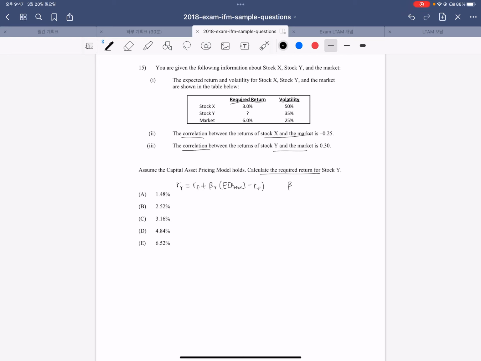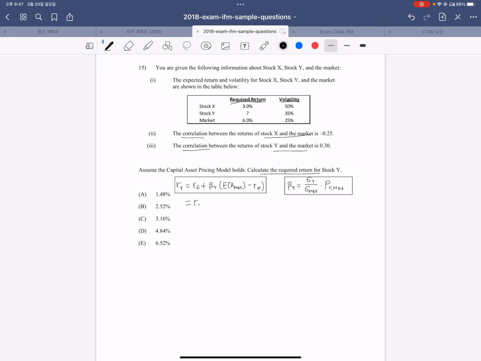And beta Y could be expressed as the volatility of Y over volatility of the market times the correlation between Y and the market. So these are the formulas that are commonly used in the exam, so it would be very beneficial to memorize both.